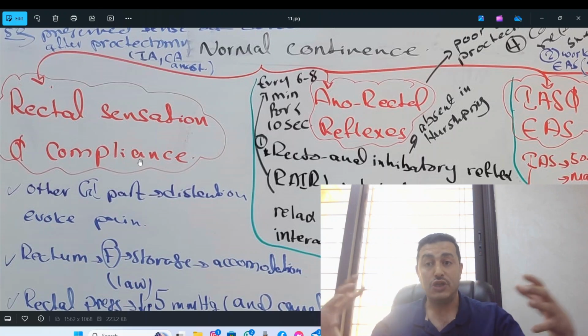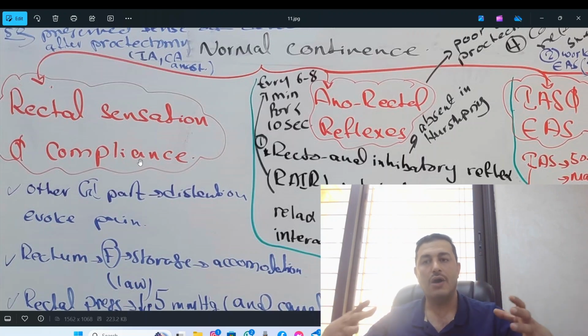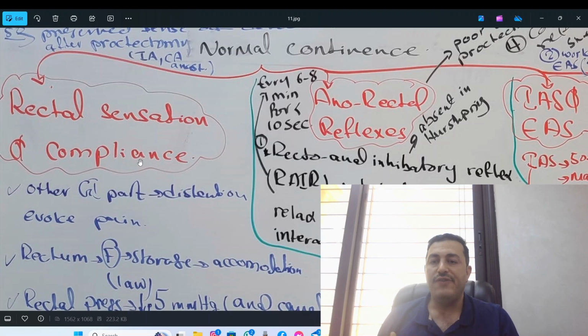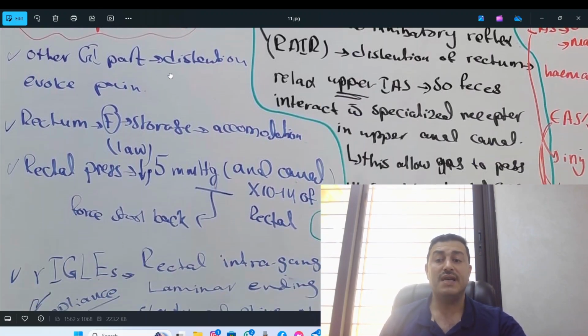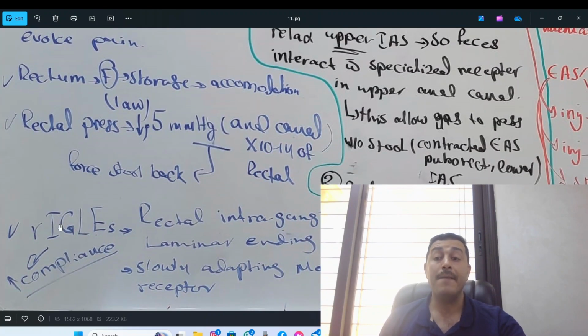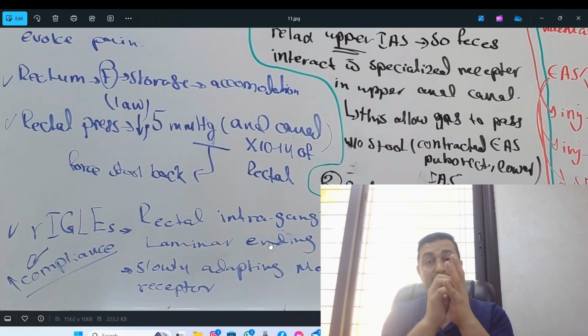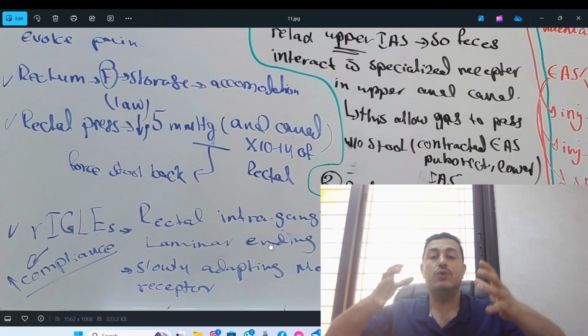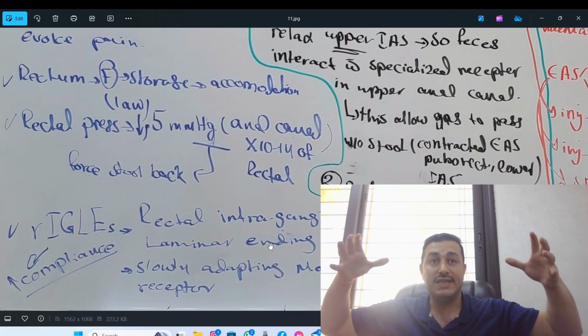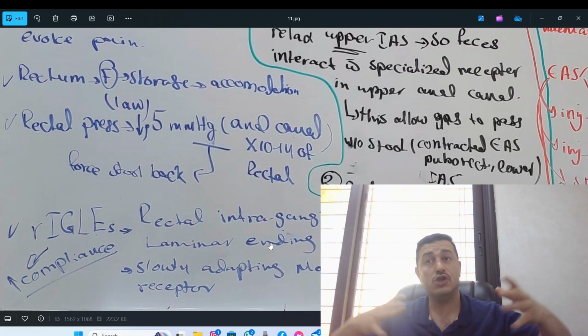Actually, the accommodation of the rectum to enlarge is a unique feature only of the rectum, and it is related to what we call the rectal intraganglionic laminar endings. These are slowly adapting mechanoreceptors. When the pressure increases and feces accumulate in the rectum, they slowly adapt, the tone decreases, and the rectum enlarges.